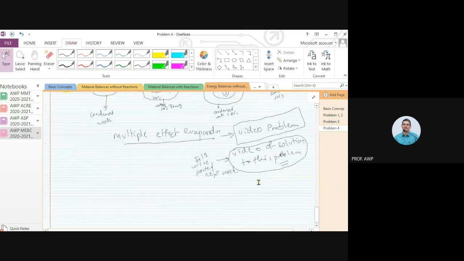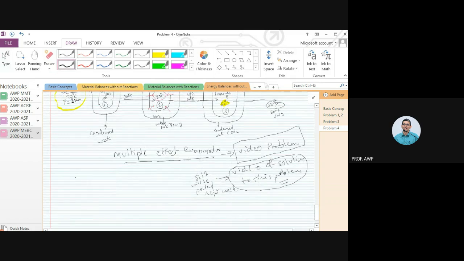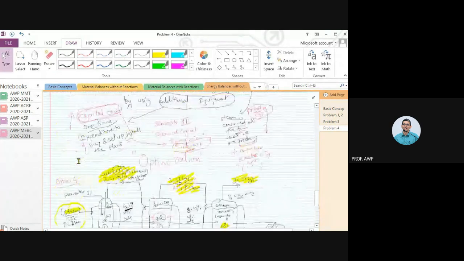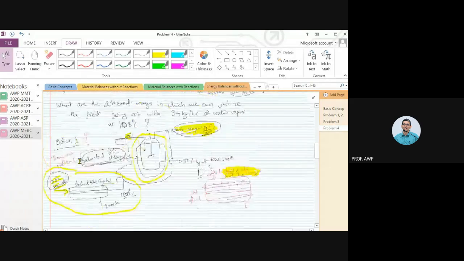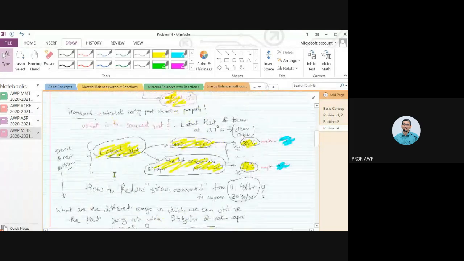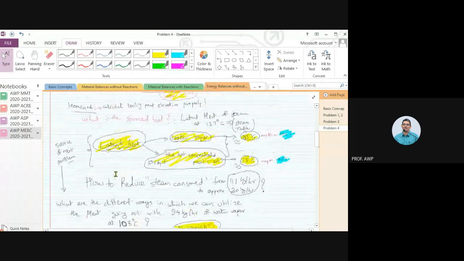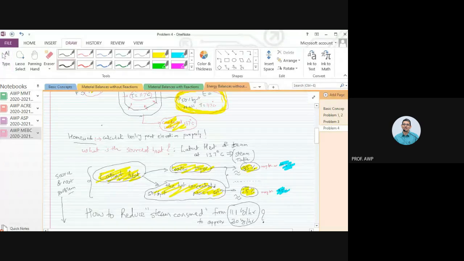Okay, so this is your homework. So how many homeworks do you have? Every option there is a homework. So at least 3 or 4 homework problems. First homework is to calculate the boiling point elevation properly.